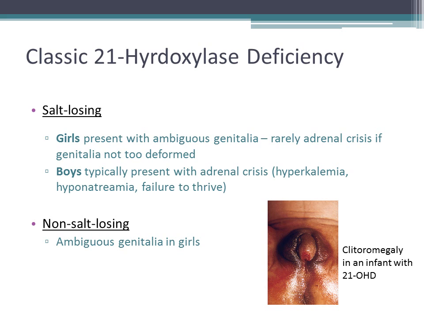In boys, typically present with adrenal crisis, hyperkalemia, hyponatremia, and failure to thrive. The non-salt losing, which is a bit less severe, the fetus is born with ambiguous genitalia in girls, of course, not in boys. And you can see the clitoromegaly in an infant with 21-hydroxylase deficiency to the right side.